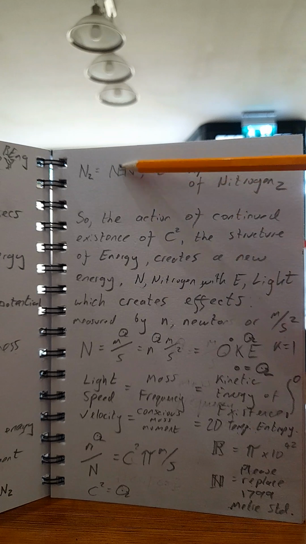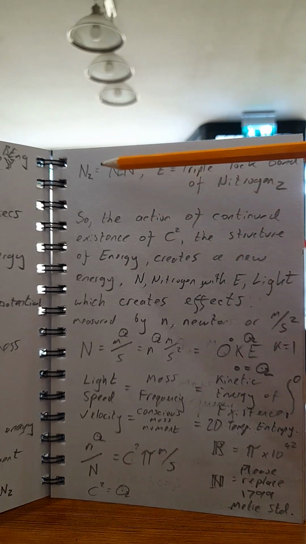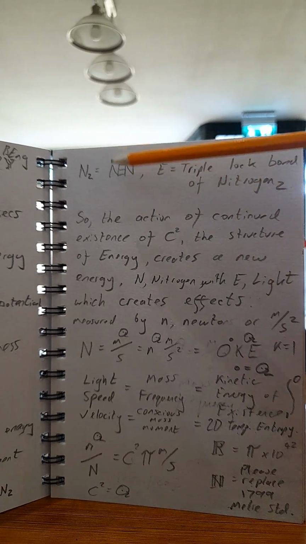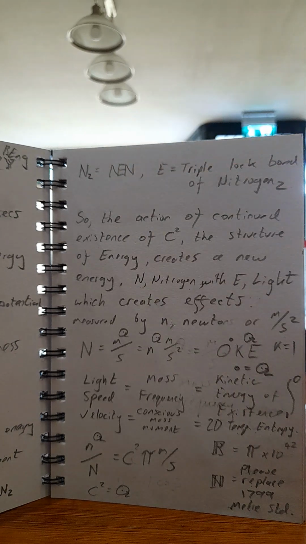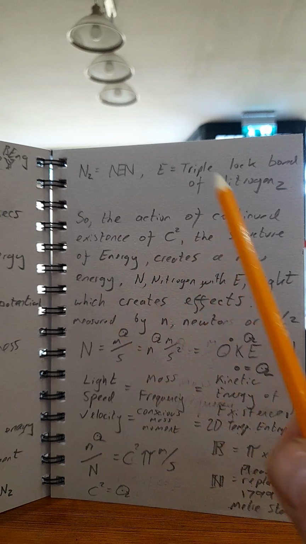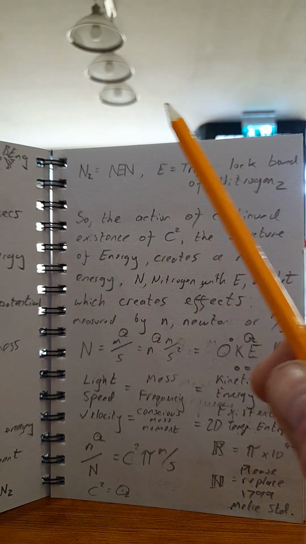So the E represents the light that is created by the motion of energy, of entropy of temperature from 0 to 1, creates this triple lock bond. So there's light. Science hasn't got that one, that's new for them.